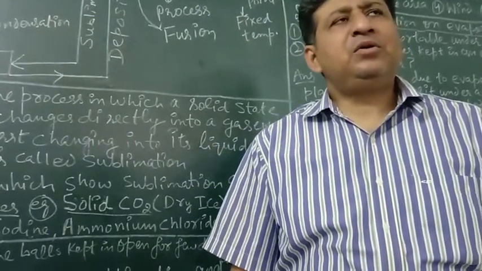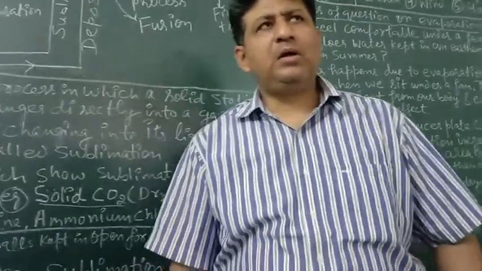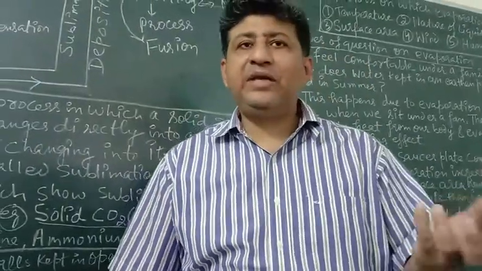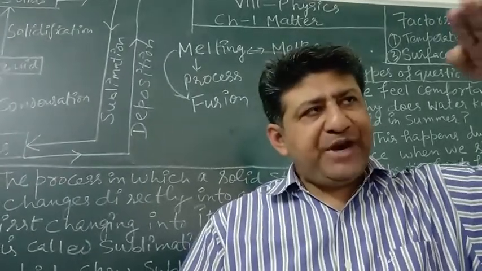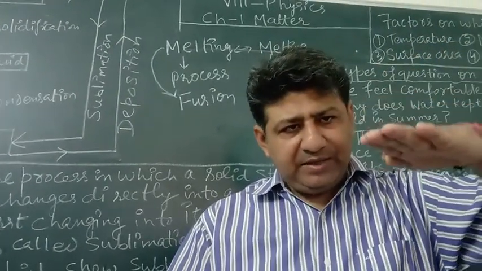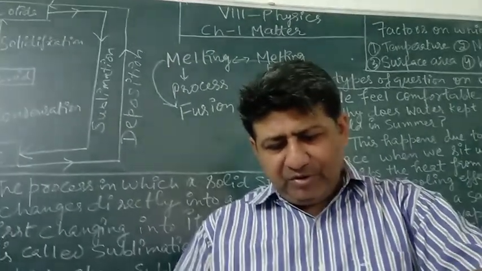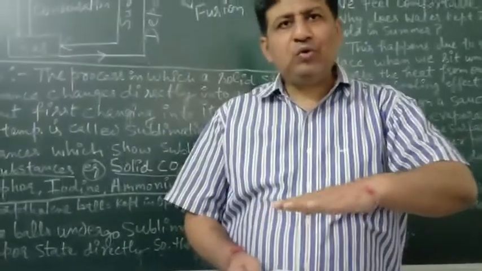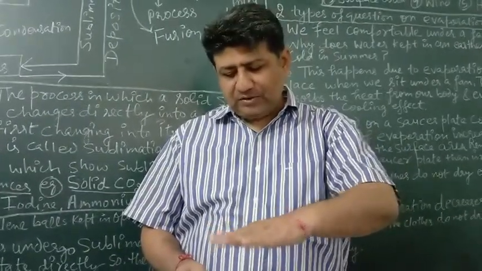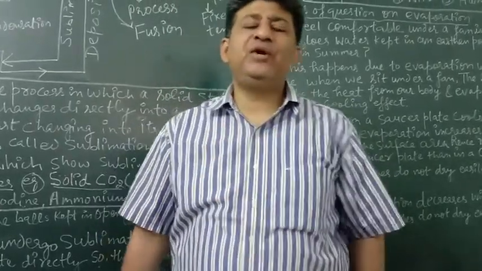It's just that the carbon dioxide which is present in our environment in gaseous state, when we start putting pressure on it, it has been noticed that if we keep on increasing the pressure and if we keep on cooling this carbon dioxide, it directly changes into its solid form.